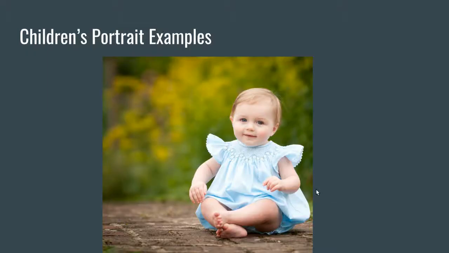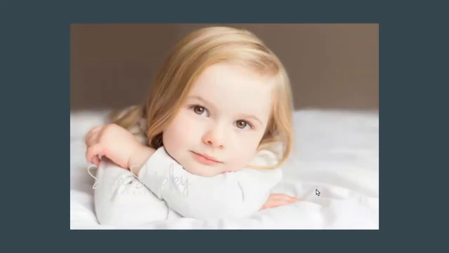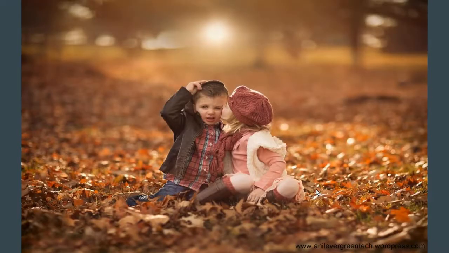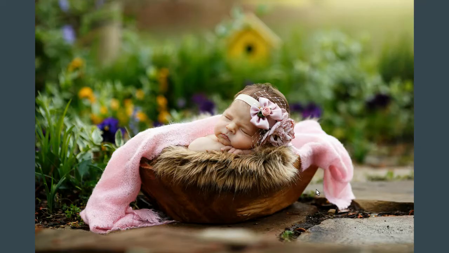And then here's some children's portraits. So working with little kids, whether it's in a studio or outdoors, getting good lighting. We learned about some of that during the portrait assignment. Working with them kind of like in fashion photography in terms of they are your models. If it's more of the portrait, giving them directions of what to do.